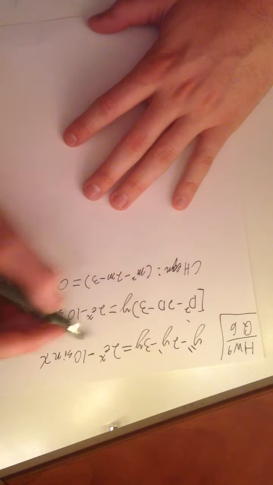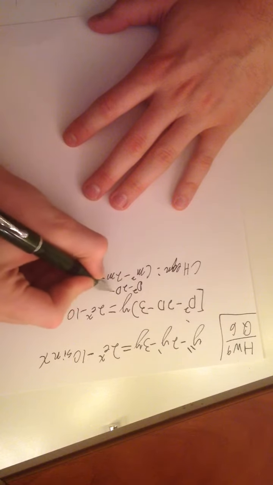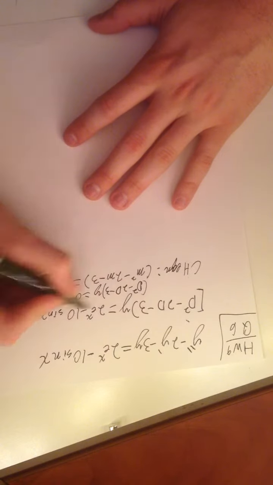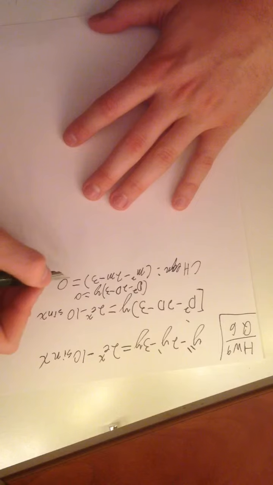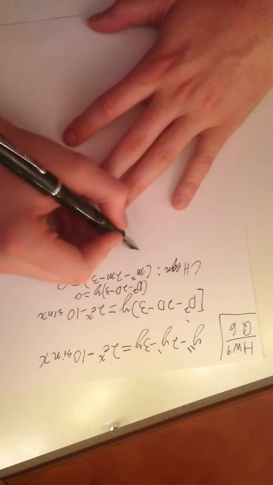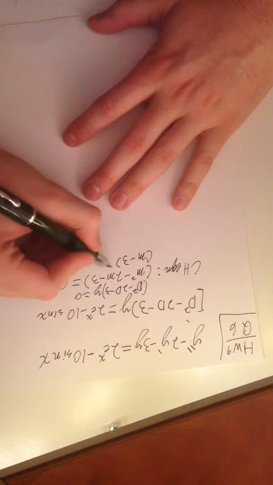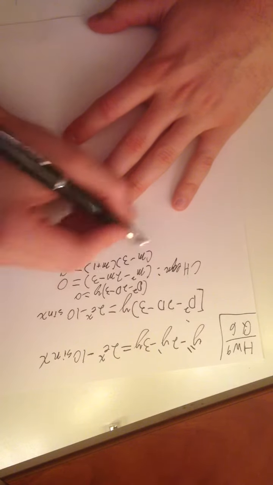Because we're saying it's homogeneous, (D squared minus 2D minus 3) times y is equal to 0. Factoring, we get (m minus 3)(m plus 1) equals 0.